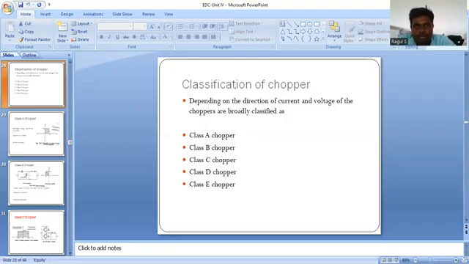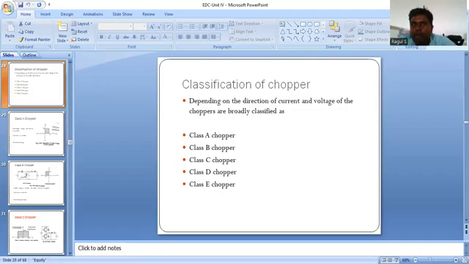But here the classification is not like that of step up chopper or step down chopper. A chopper converts fixed DC to variable DC, and the output voltage or current has a particular direction, that means polarity. Polarity in DC is plus or minus, so the voltage is positive or negative, and at the same time the current is positive or negative.